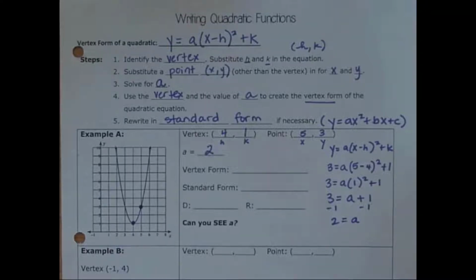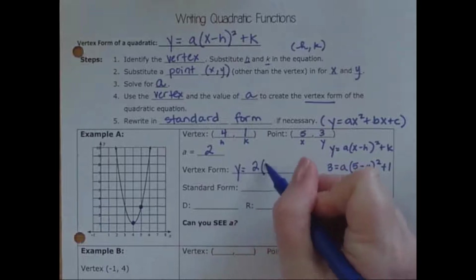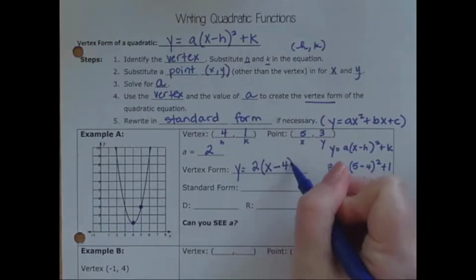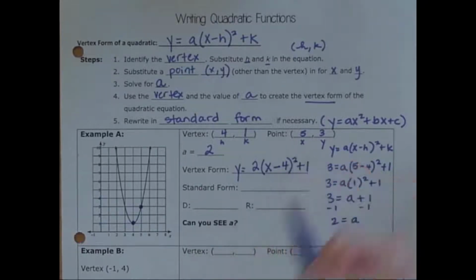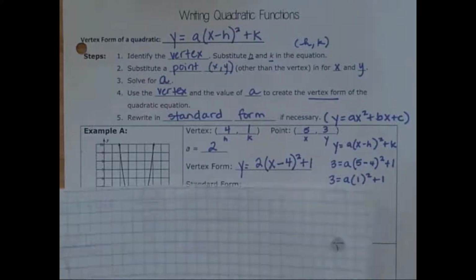So now we can write it in vertex form. y equals a times (x minus h) squared plus k. Okay. And then we can put that into our standard form.